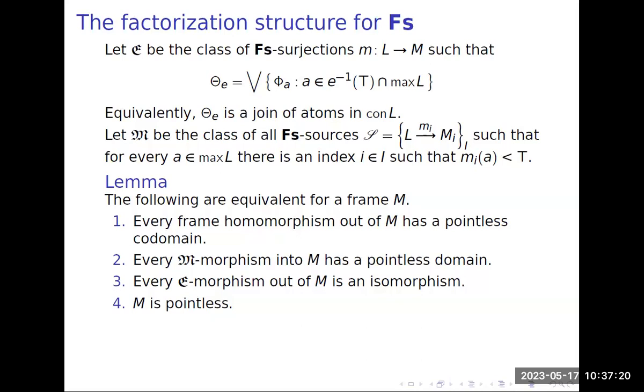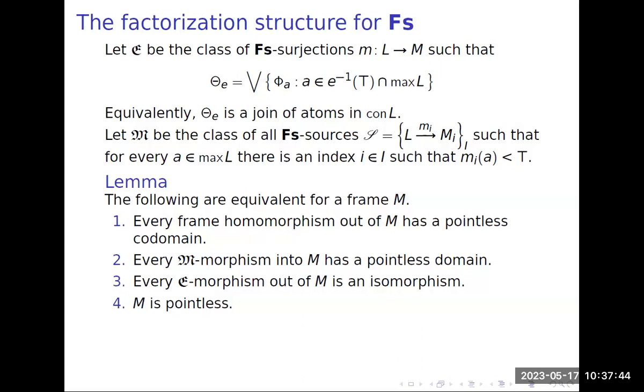The companion class is a class fractor M of skinny sources, and those will be the sources for which for every maximal element there's an index such that the corresponding morphism sends that maximal element to a destination below the top of the codomain.